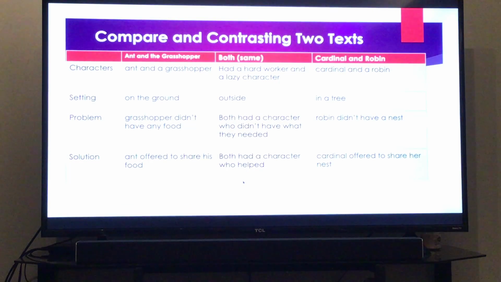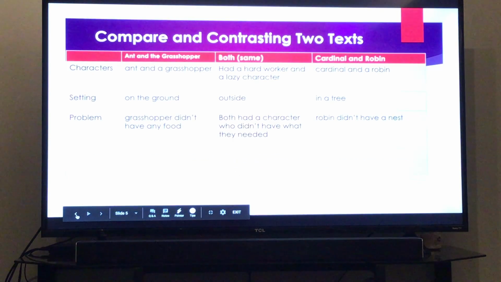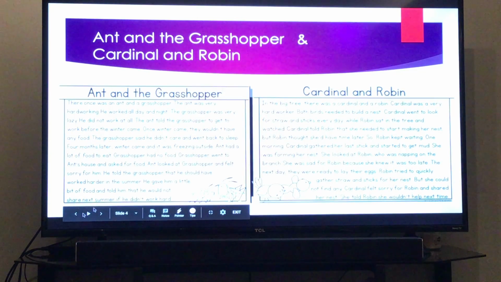In Ant and the Grasshopper, Ant helped. In Cardinal and Robin, Cardinal helped. If we look back in the story, at the very end of the story, it says, he told the grasshopper that he should have worked harder in the summer.